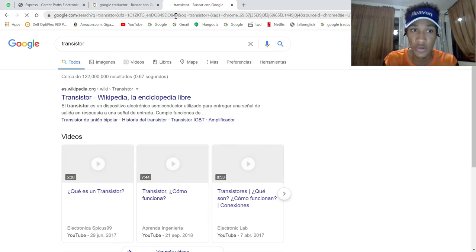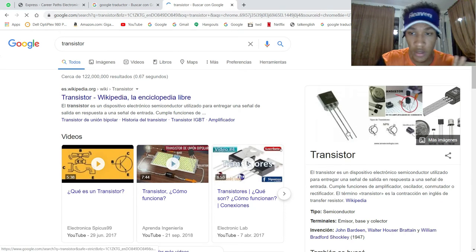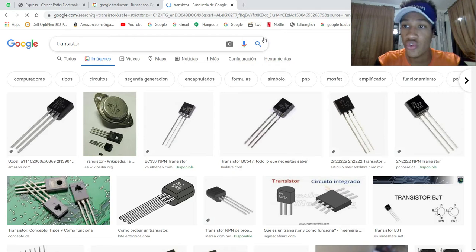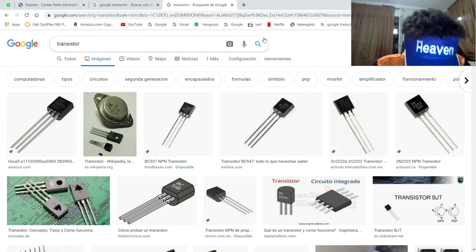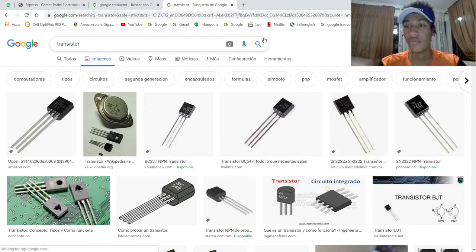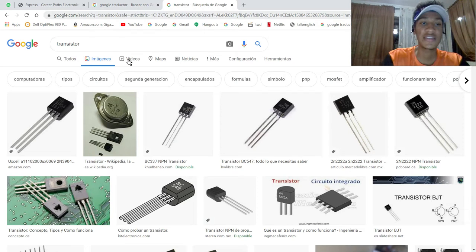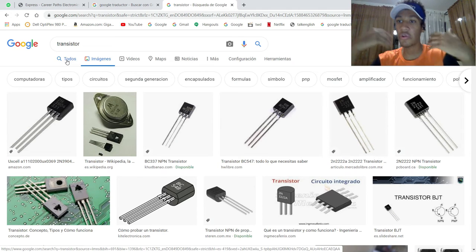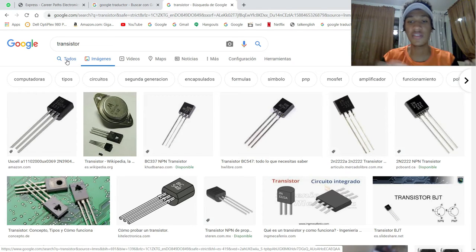With a transistor, you can do whatever you want. I think you don't know. You know what a transistor is, so I don't explain specifically what a transistor is.